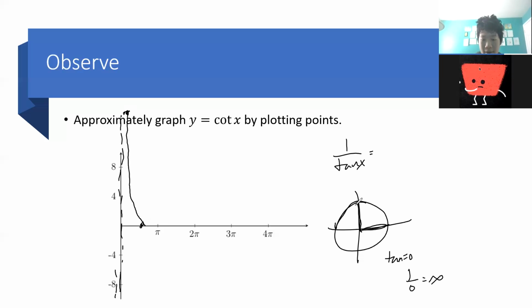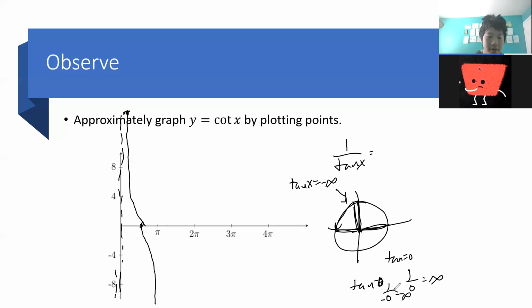We go back to pi, and tangent turns negative. So right here, tangent is negative infinity, which is kind of like negative 0, so it's crossing, and now it goes down to pi. At pi, tangent is 0 again, technically negative 0, and cotangent is negative infinity. So we have another asymptote.